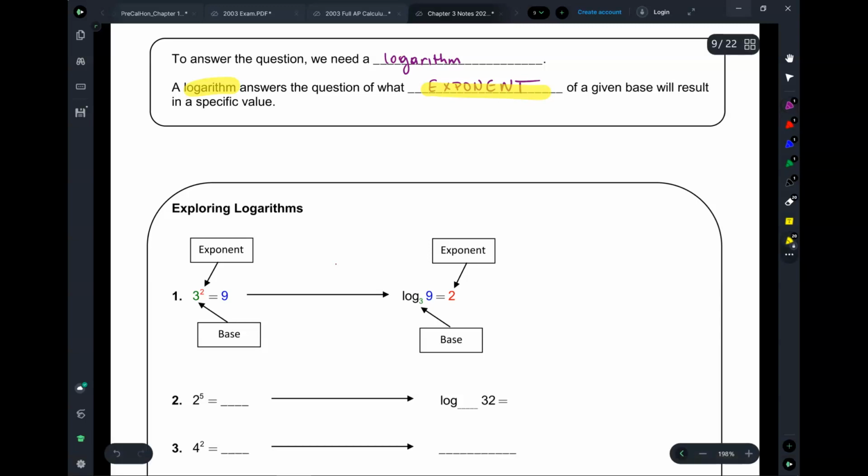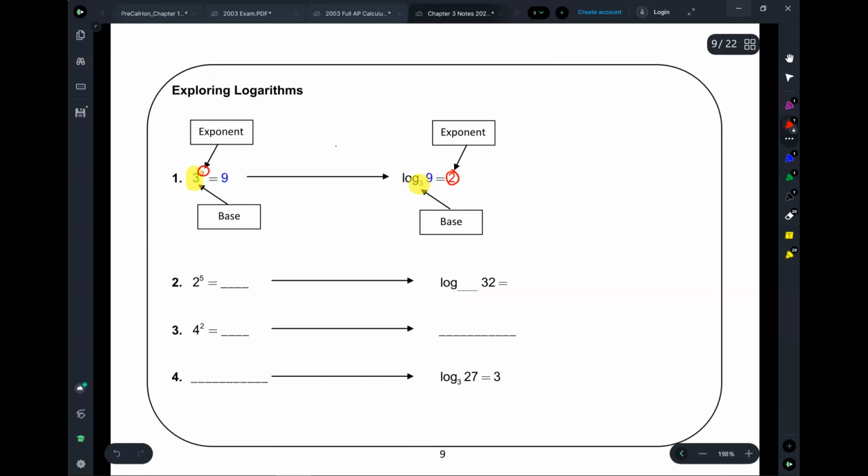So do you see how this base here becomes that base over there? And this exponent here becomes the answer to the logarithm over there. Because what is a logarithm? Just an exponent. It's nothing mysterious. So 2 to the 5, 2 times 2 times 2 times 2 times 2 is 32.